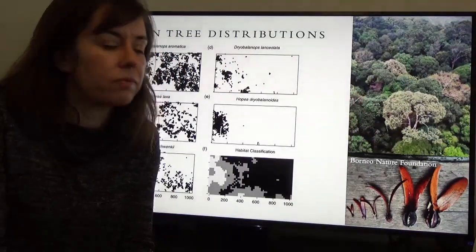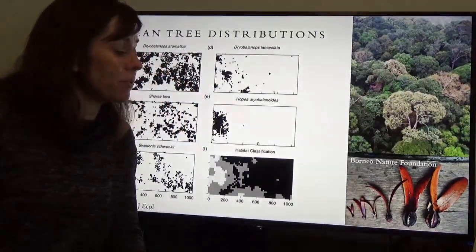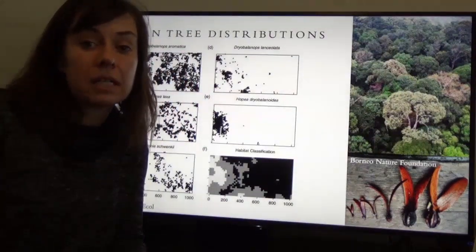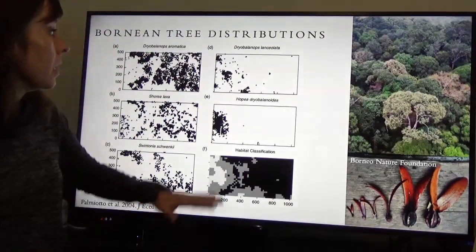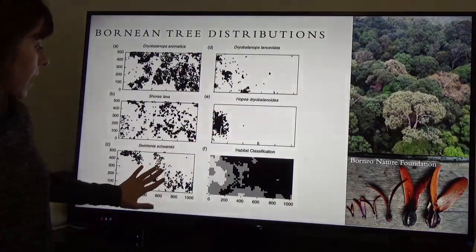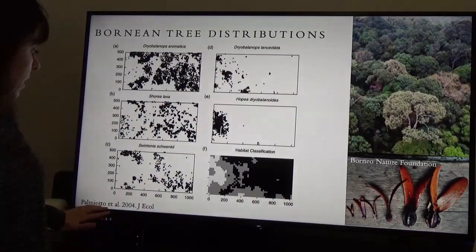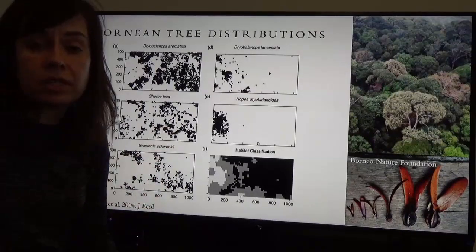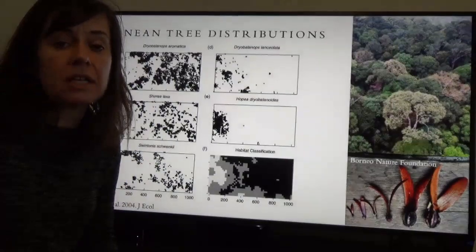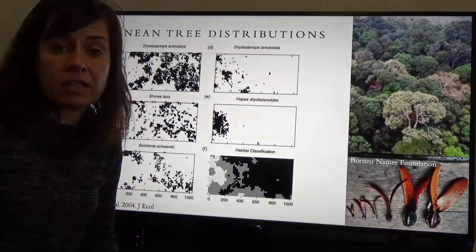the Dipterocarp forests. Here are the amazing seeds of different taxa in the Dipterocarpaceae. And here we have the distribution of 5 different species of Dipterocarps in a rainforest, in a mapped forest plot in Sarawak on the island of Borneo.